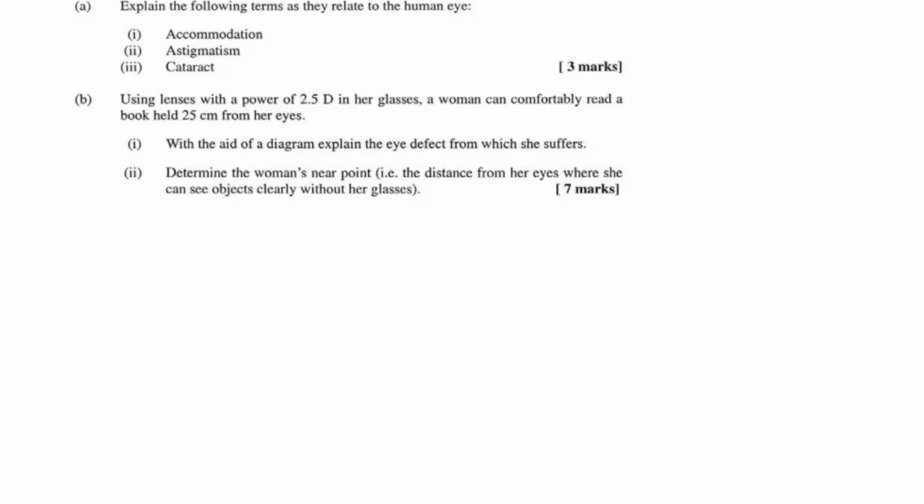With the aid of a diagram, explain the eye defect from which she suffers. And then determine the near point, that is the distance from her eyes where she can see objects clearly without her glasses.